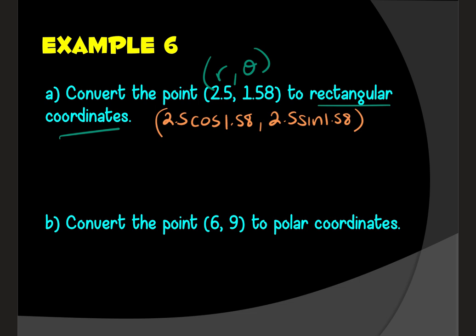If I type them in individually, I get 2.5 cosine 1.58, hit enter, and I get negative 0.023. Then 2.5 times the sine of 1.58, and I get 2.49998, so that's going to round to 2.500. We went to rectangular, so this is x, y.